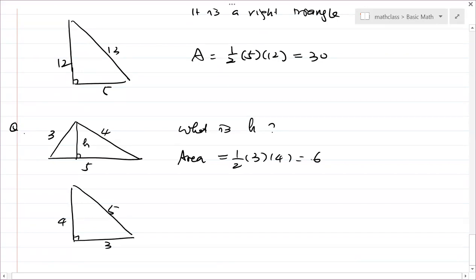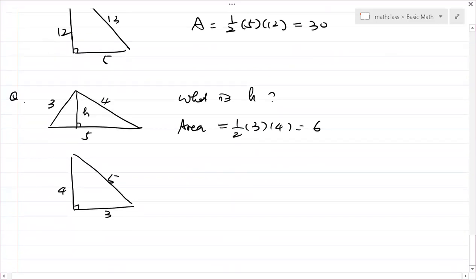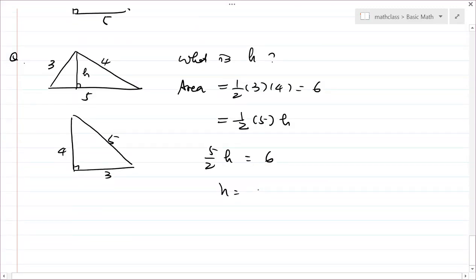So once you know the area of the triangle, can you find h? Because the triangle you can rotate and put in a different position. So the area of the triangle can also be calculated by this formula, base times height. Then you get the identity: half of this can be 6. So then h is going to be 12 divided by 5. So it's a fraction.